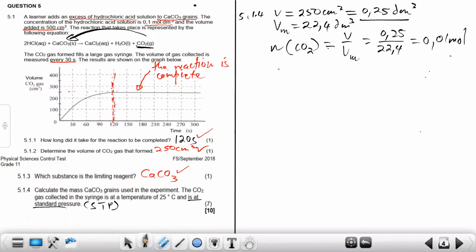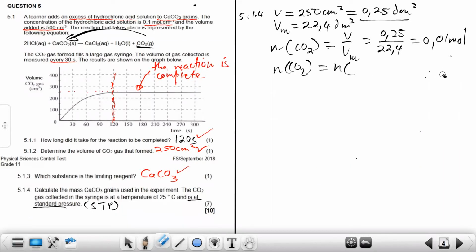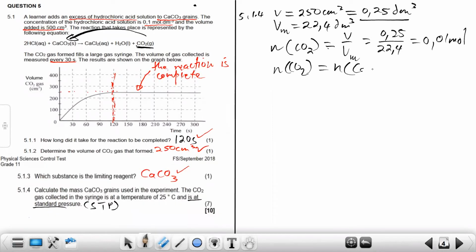So I must be able to say the number of moles of carbon dioxide should be equal to the number of moles of calcium carbonate, because the ratio is 1:1.